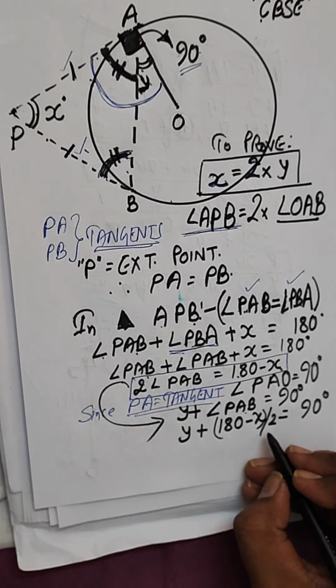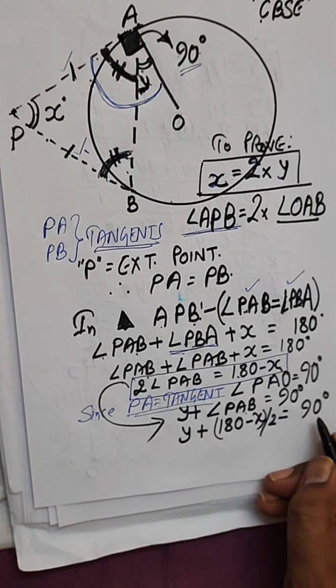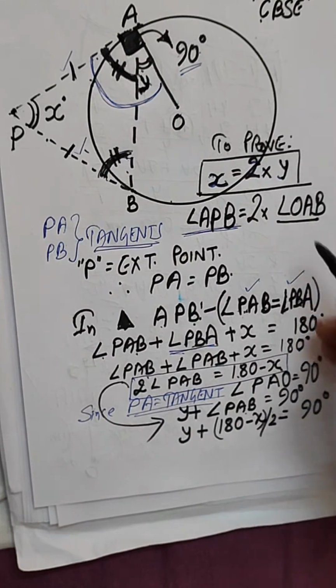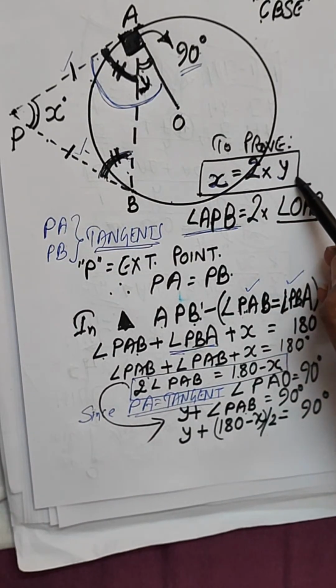Now we have almost solved our question, because we have to prove x equal to 2 times y, that is angle APB equal to 2 times OAB.